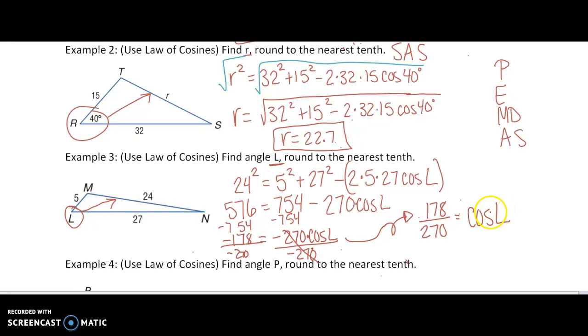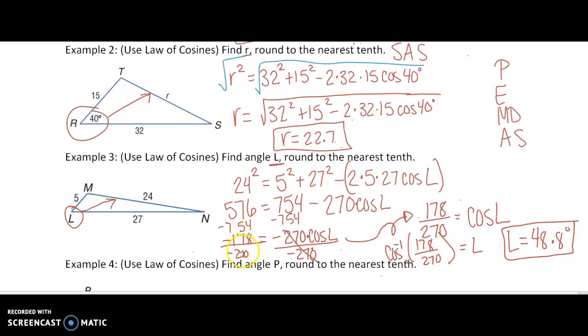Remember, L is in that function. So I take the inverse, and I get L is equal to the inverse cosine of 178 over 270. And so L ends up being equal to 48.8 degrees, after I put that in the calculator.